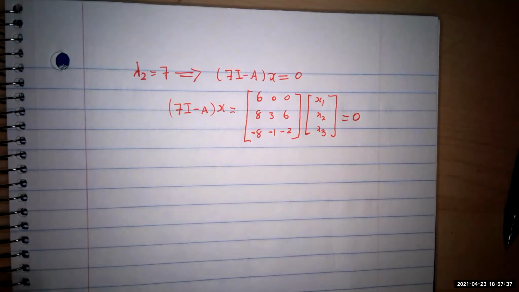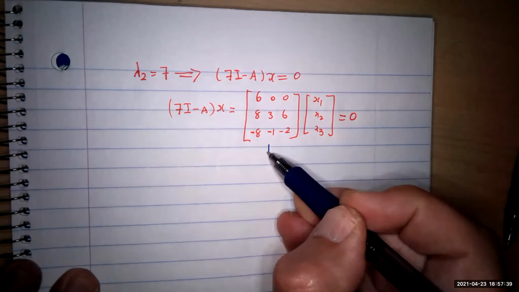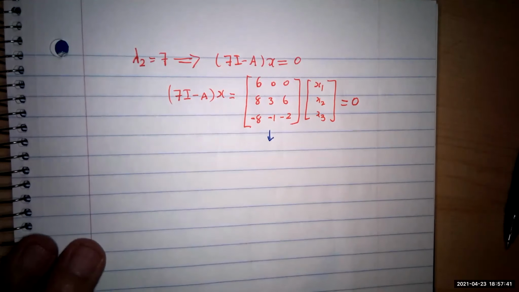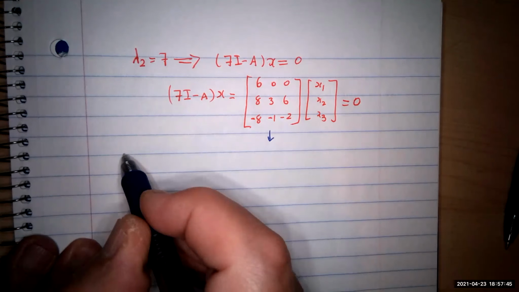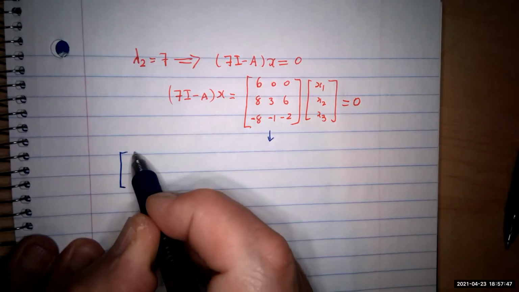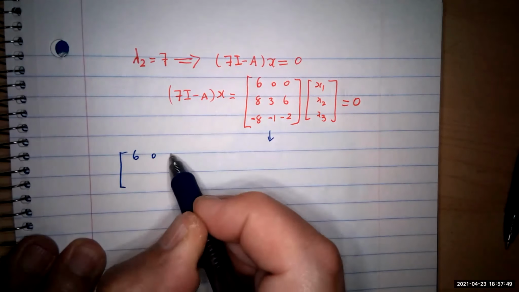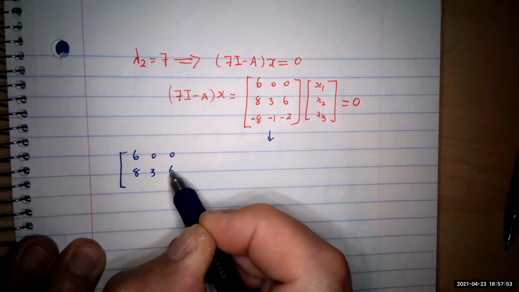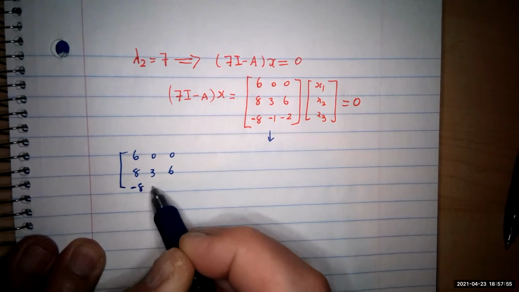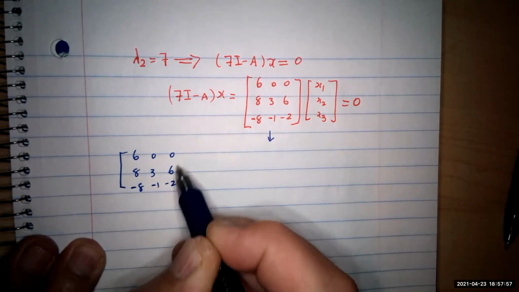Okay, so I'm going to take this one out to work with it. Let's rewrite it here. So this is a matrix that I have to change: 8, 3, 6, negative 8, negative 2, 1, negative 2.